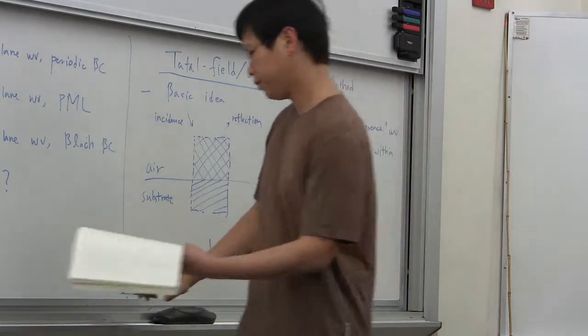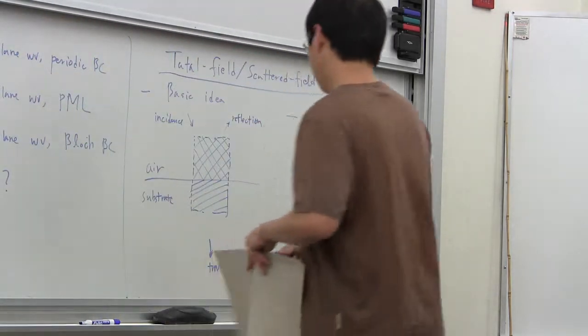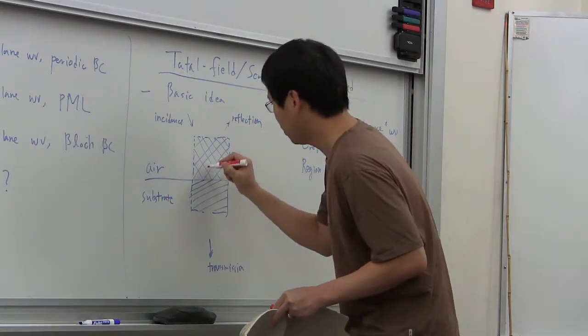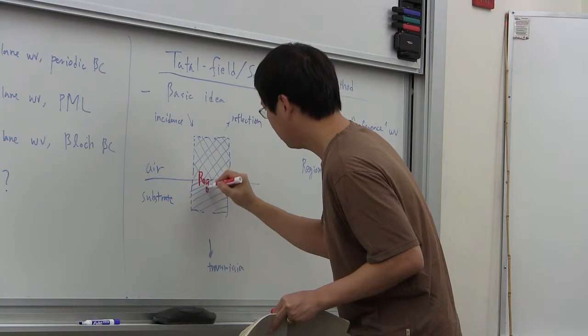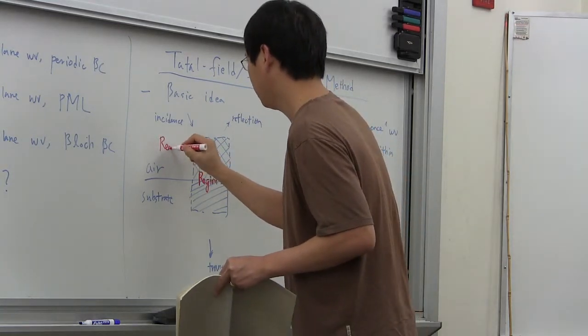So this is region 1, and the outside is region 2.